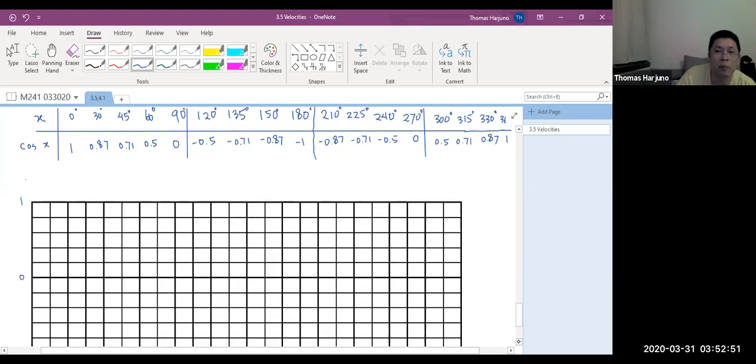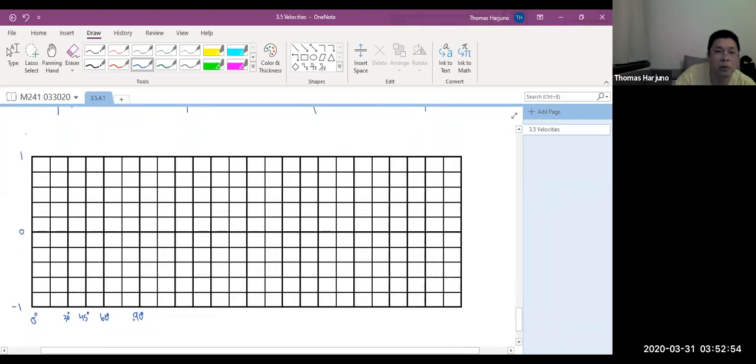Now then, when I plot this, let me do the angles first. 120 degrees, 135 degrees, 150 degrees, 180 degrees, 210 degrees, 225 degrees, 240 degrees, 270 degrees, 300 degrees, 315 degrees, 330 degrees, 360 degrees.